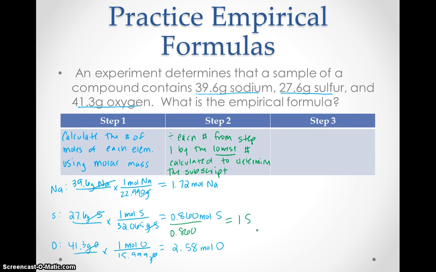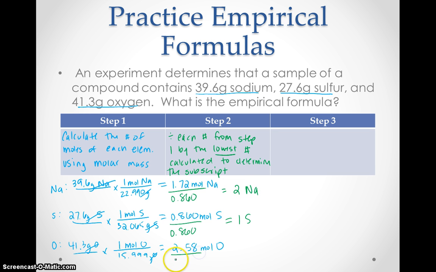So I'm setting up a ratio. If 1 sulfur is 0.860 moles, I can divide the rest of these by that same 0.860 and figure out the ratio to my other elements. So I take 1.72 and divide it by 0.860. And when you enter that in your calculator, you're going to see it gets you to the number 2.